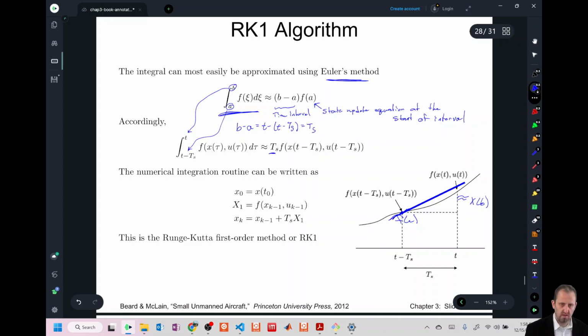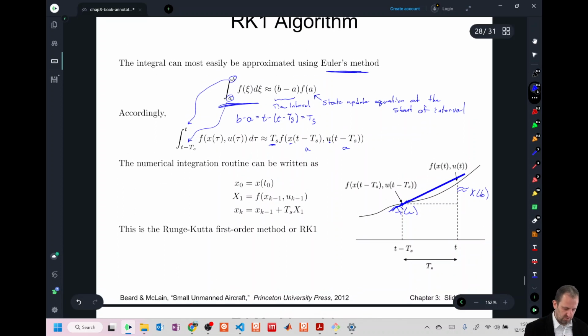And then we're evaluating it at our initial time, so this is our initial time A. And we're going to evaluate using both our state and our input. So we can then approximate this integral as the length of our time step times the slope of our dynamics at that point, right? So we're just using this tangent approximation.